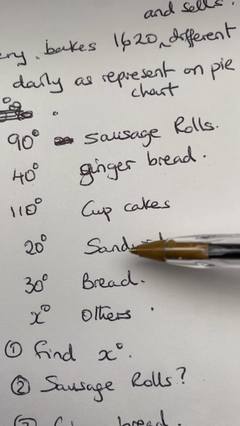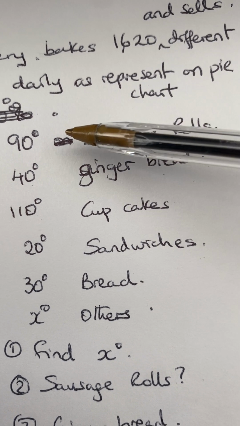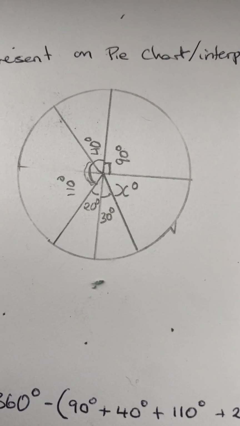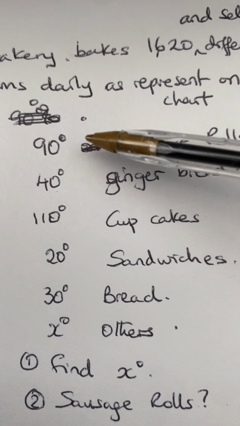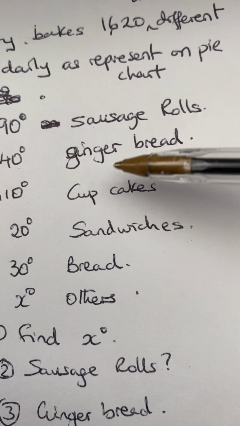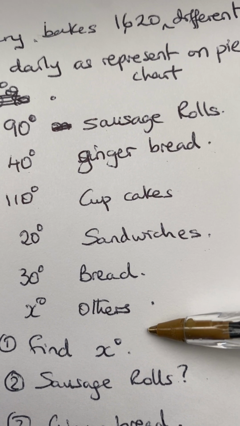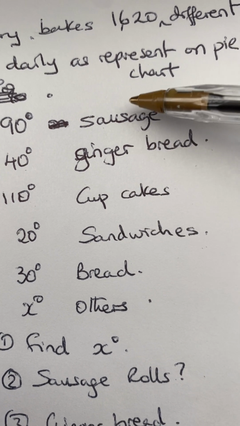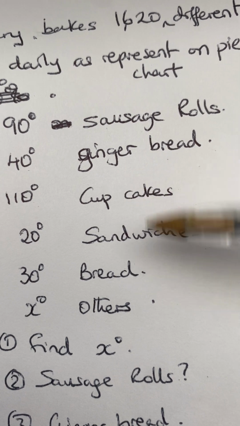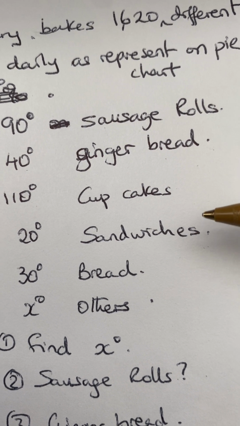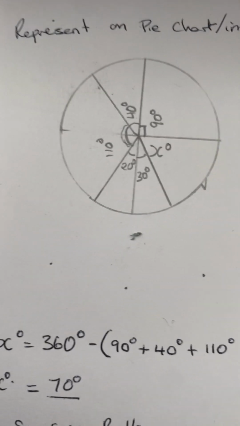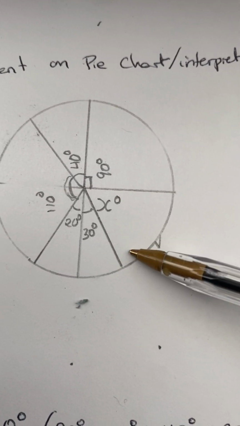So to keep up with their customers, as they have represented all this on the pie chart, they need to have a look critically and see what they sell most, to do more of that so that they can maximize their profit margin.